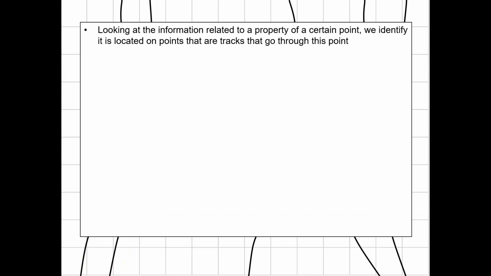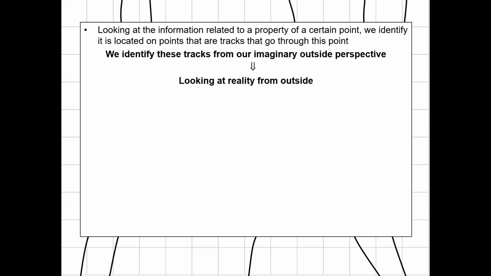Going back to the description of reality, if we look at the information related to a property of a certain point, so the field, we identify it is located on points that are on tracks that go through this point. Again, we identify these tracks from our imaginary outside perspective, looking at reality from outside.